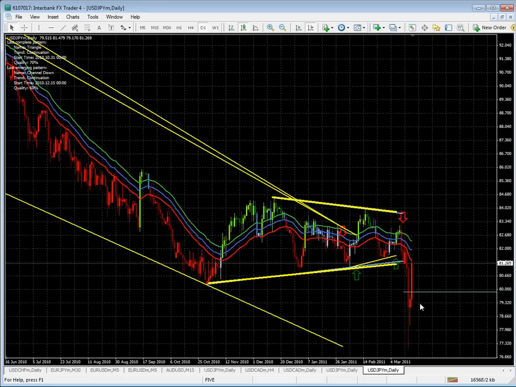Think about the fact that a lot of times these probabilities are separate and removed from particular market trends.